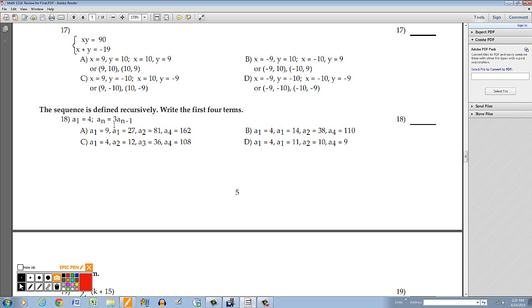So in essence, what it's telling me is if you know one term, to get the next one, just multiply by 3. So the first one is 4. Multiplied by 3, you get 12. Multiplied by 3, you get 36. Multiplied by 3, you get 108. So the answer to that one is C.